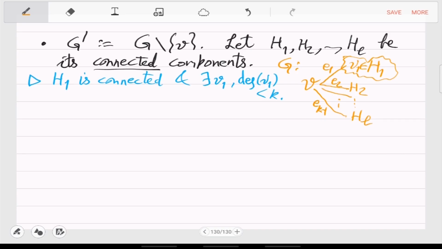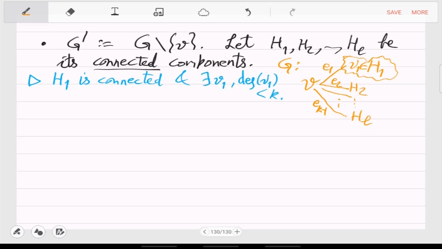So the connection of v in H1 is to v1, and when you look at just H1, then the degree of v1 is, well, maximum it can be k, but it cannot be k because one edge has been deleted. So it can be maximum k minus 1 within H1. Within G, it is possibly k, but within H1, it is possibly k minus 1, not more. Right? So that is the one.